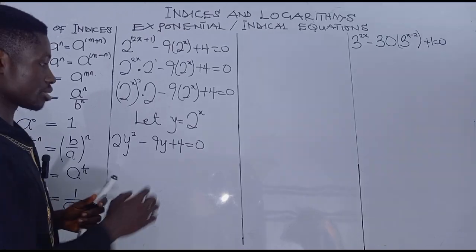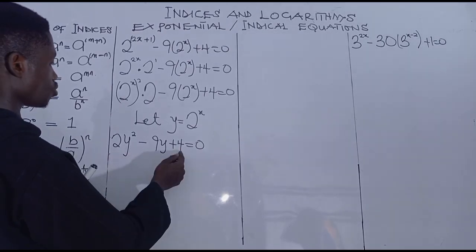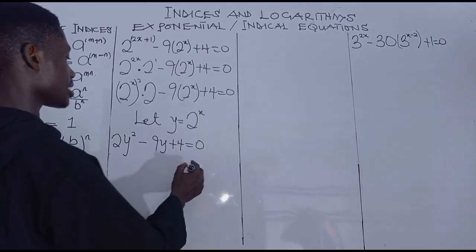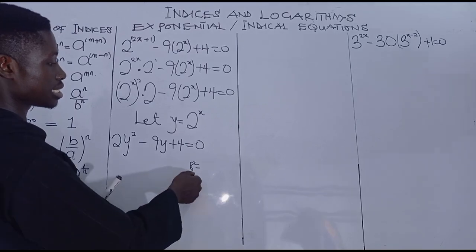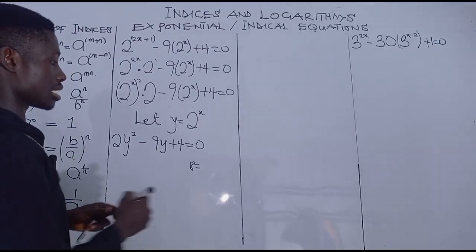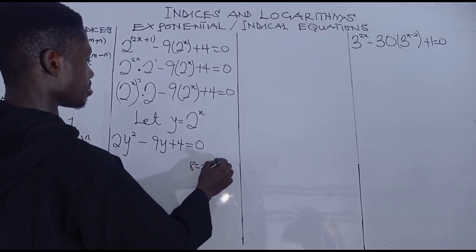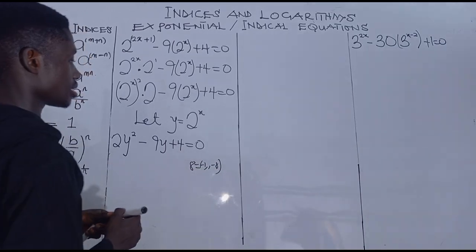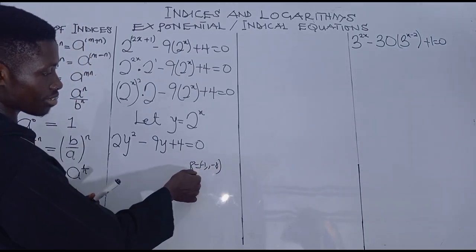Now, using the factorization method, we are going to multiply 2 by 4. That gives us 8. And we have to look for two numbers that when we multiply, we are going to get 8. And then when we sum, it should give us what? Minus 9. So we have minus 1 and then minus 8, because minus 1 times minus 8 will give us positive 8.